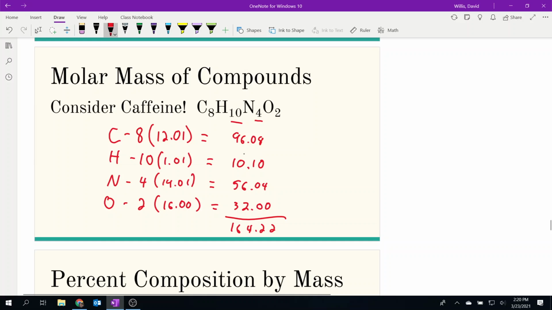Oh no. No, I was too low on that. Mr. Willis, mistake. So 6 plus 6 is 12, 4, 1, 10, 11, 16, 17, 18, 19, 194. Better? Yeah. All right. So 194.22, again, grams per mole of caffeine.